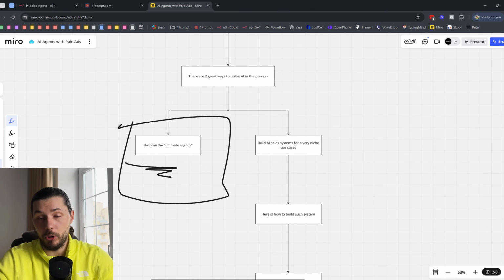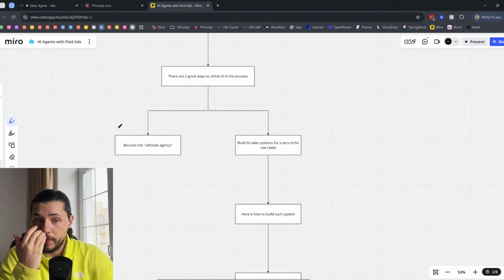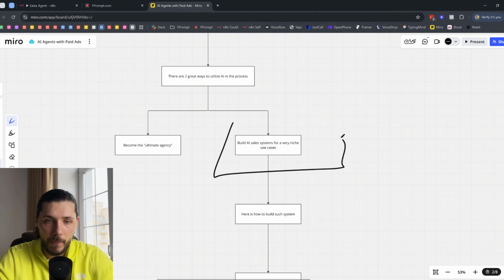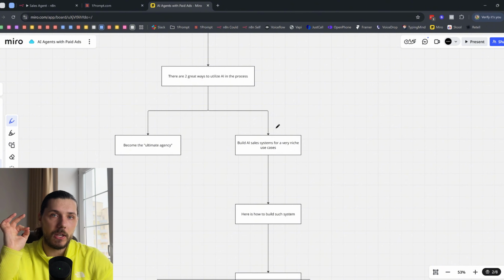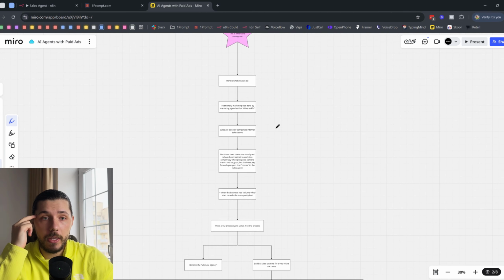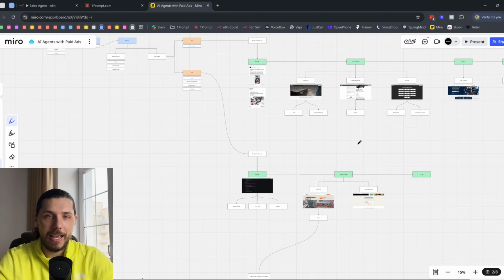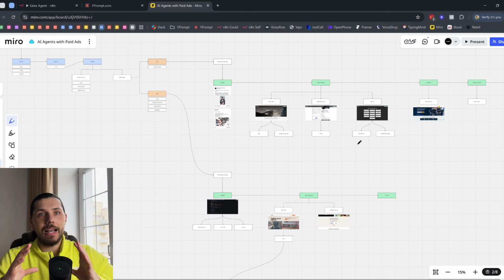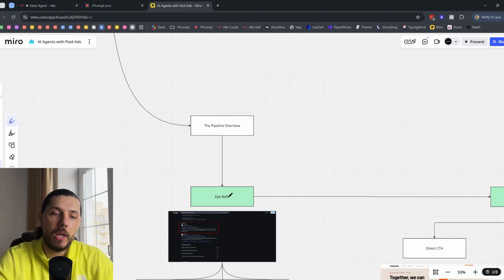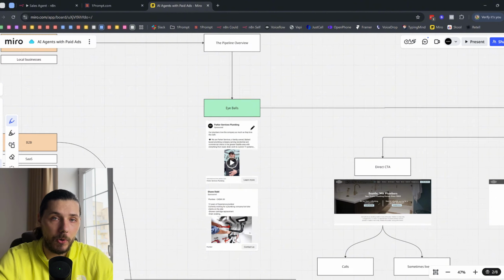And the other option, which is the most popular, obviously, is to build an AI sales funnel for a very specific use case. Now, if you think about this, when you are talking with businesses, and if this is not a broke business, they will have some sort of an acquisition funnel or the way of getting the eyeballs.